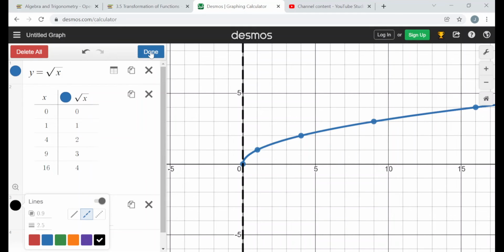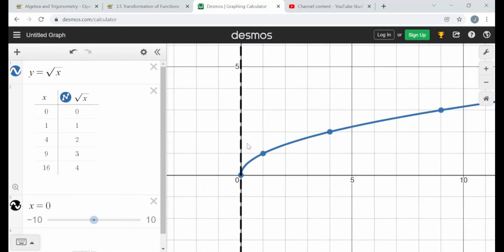If you look at this, there's our square root function. This point is 0 units away from the y-axis. This point is 1 unit away. This point is 4 units away. This point is 9 units away.